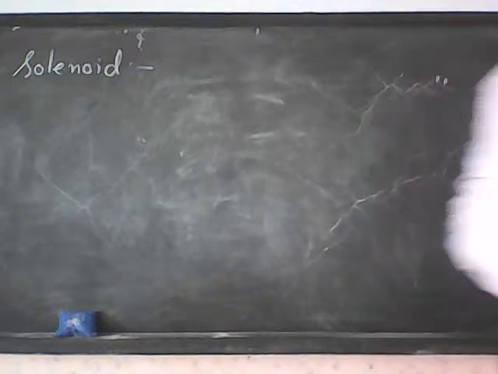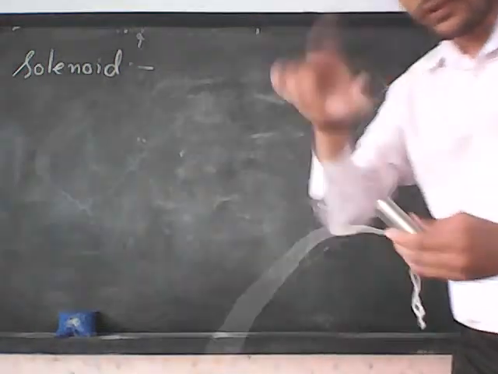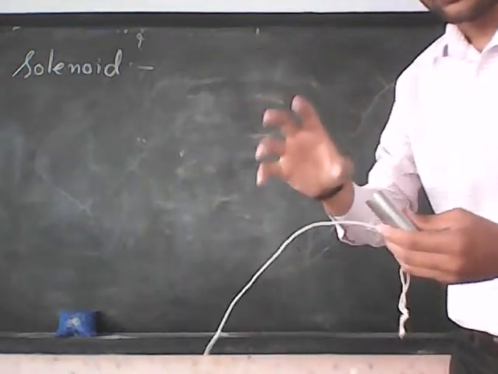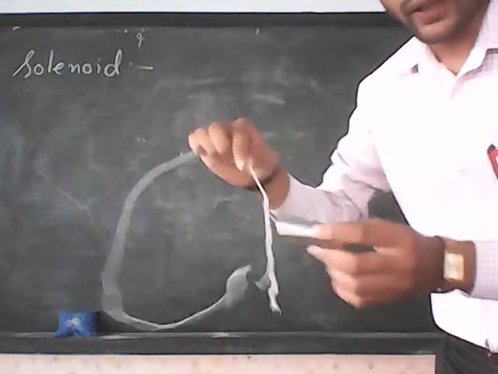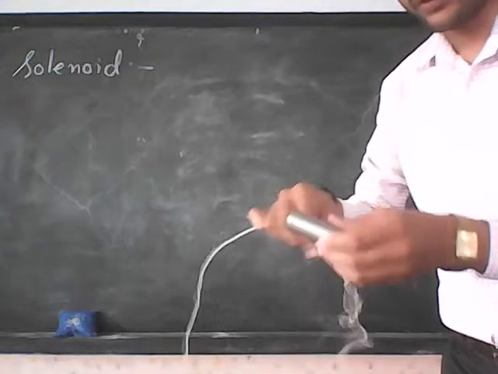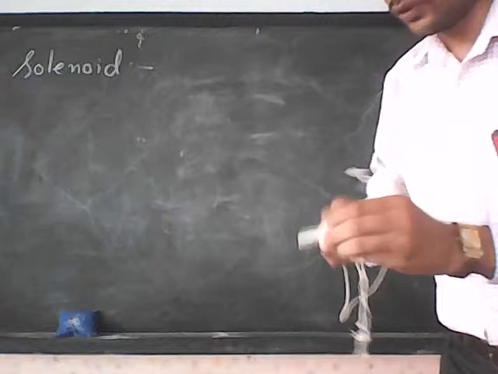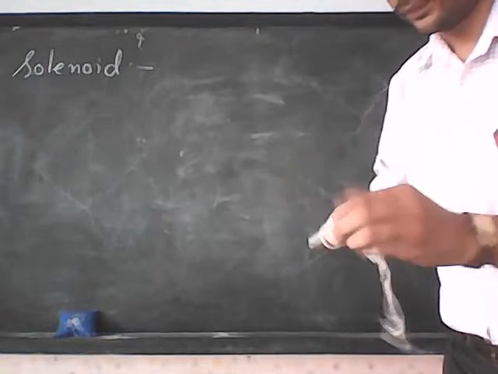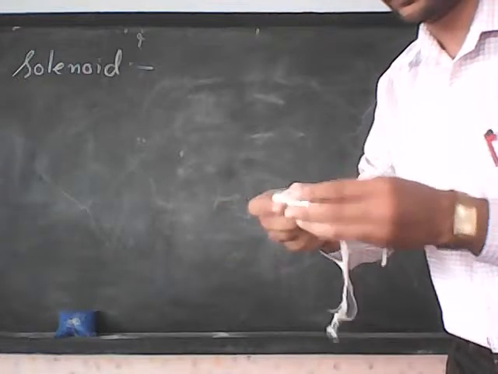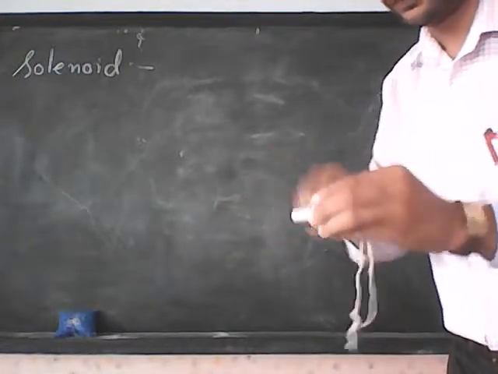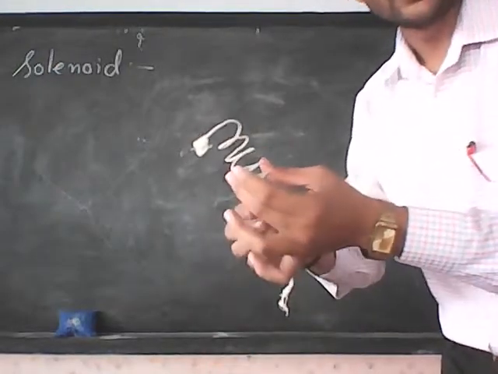See, when you observe the circular loop, and when you have multiple loops, suppose this is a wire and we are simply taking it to form the loop. So this is the thing, no?